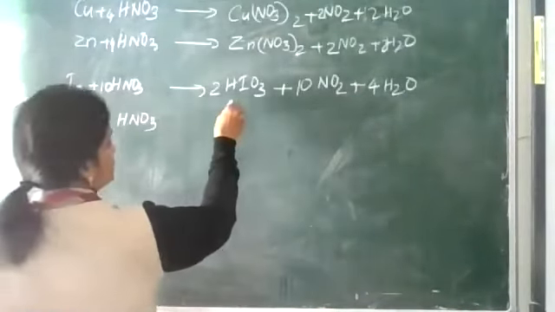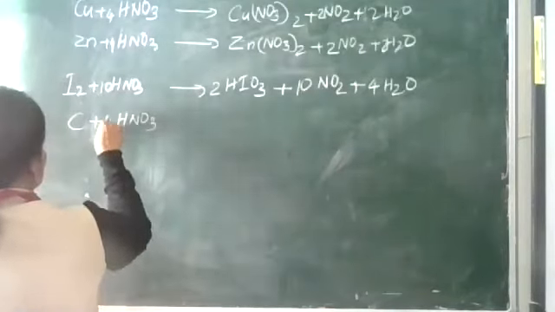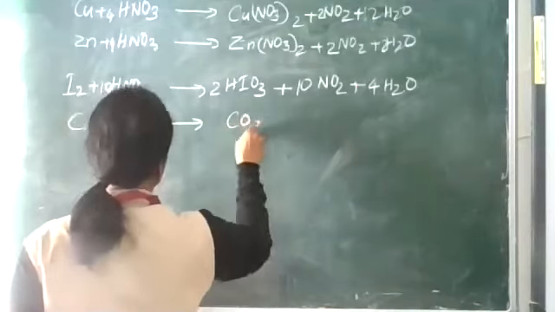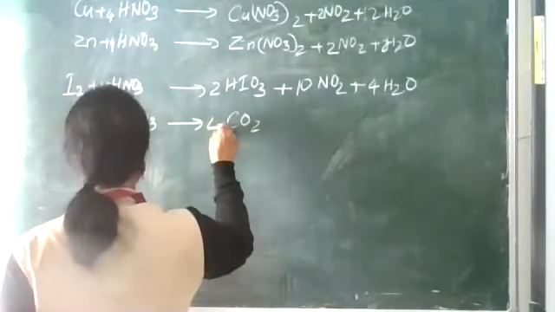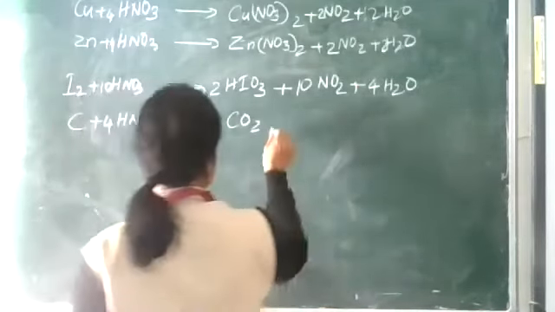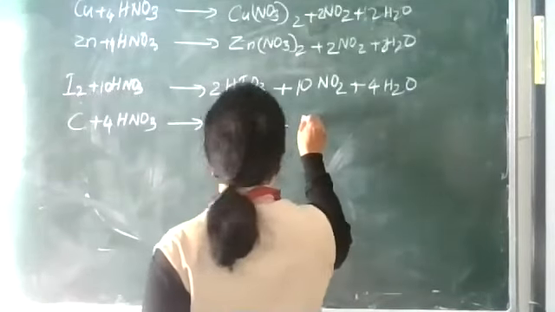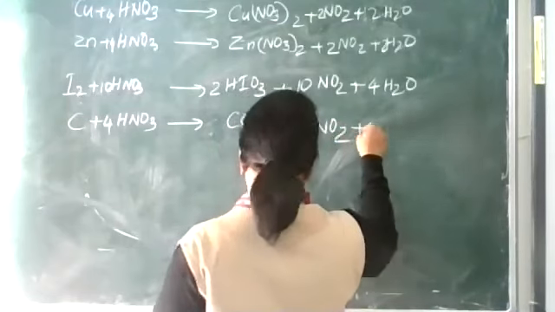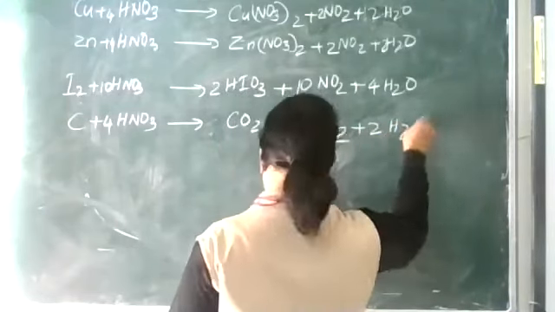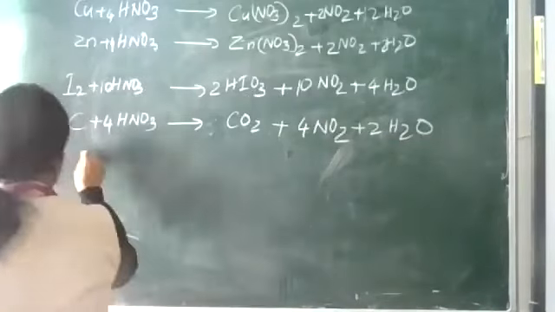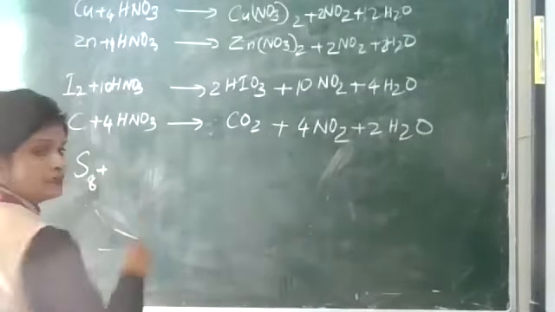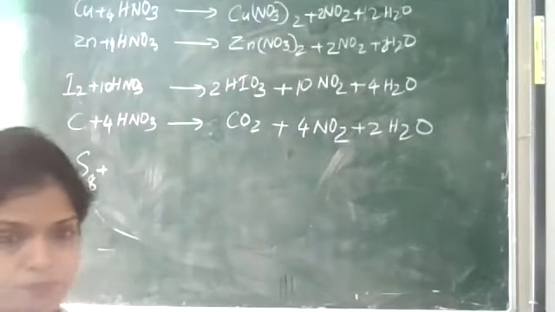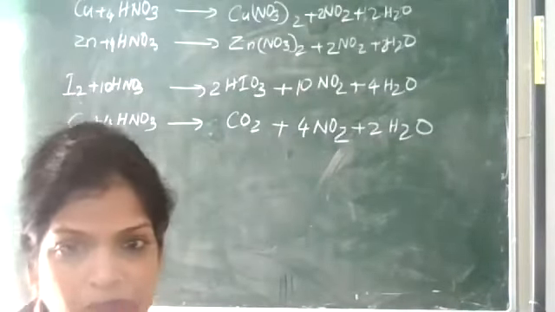Iodine is oxidized to iodic acid. Next, sulfur plus HNO3 acid. Sulfur plus HNO3, that we will do.